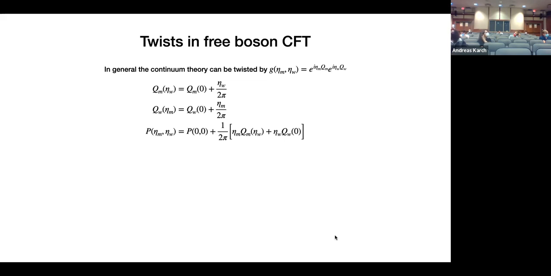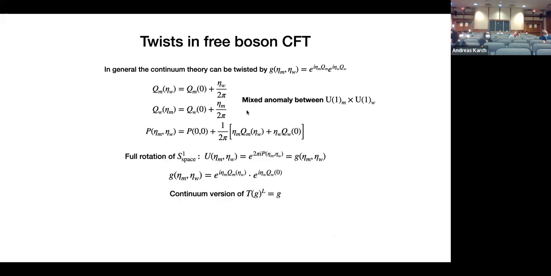So we can consider a general twist like this one, and study how the spectrum and the quantum numbers change as we insert a twist. For example, the momentum charge will be modified by this amount, an additional eta_W, the winding phase, divided by 2 pi. Similarly, there's a change in the winding charge. The continuum momentum will also be modified when we insert this twist. The first two relations are basically the mixed anomaly between the two U(1) symmetries.